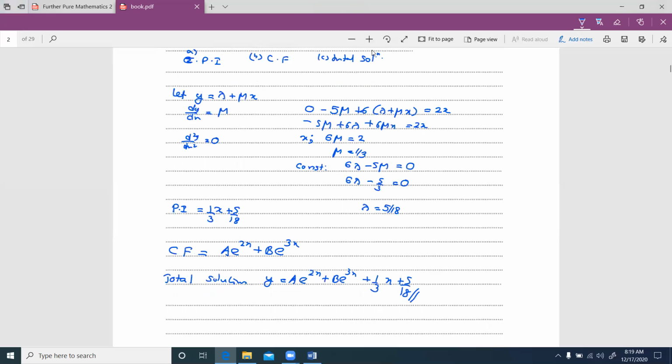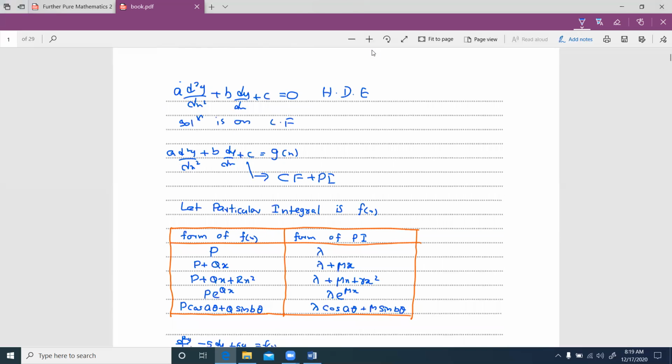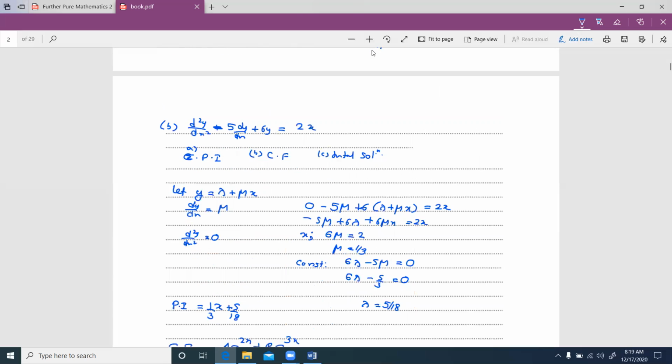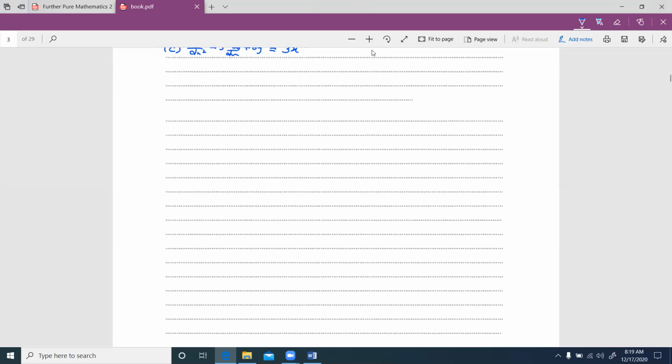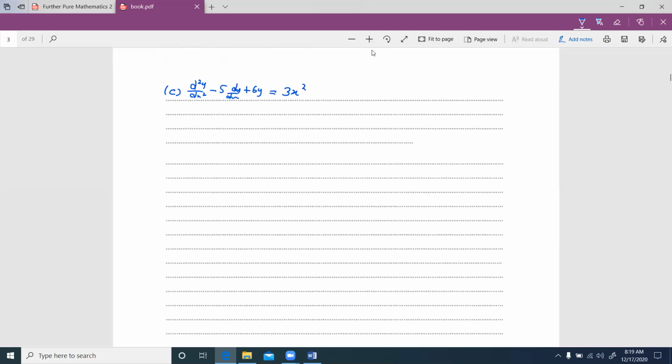Right? Then we have to use the third format of it. If I go to this table, if it is a quadratic expression, we have to use this as the particular integral format. Then I will get this equation in this format.